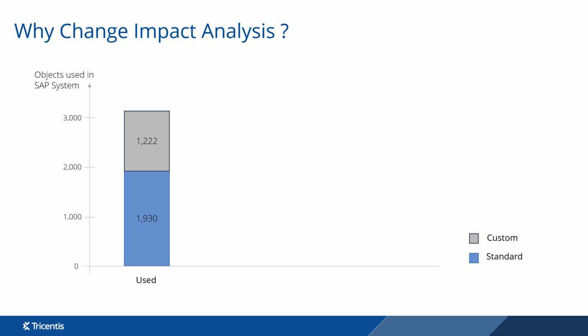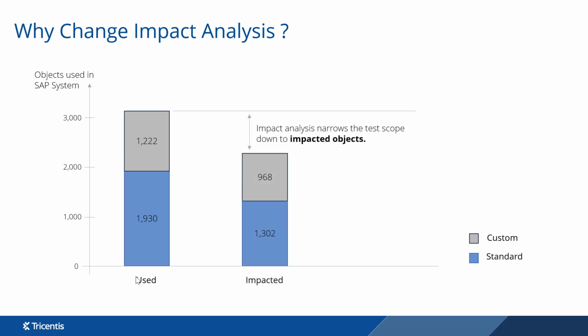We know we could try and test everything. We could test all of our used transactions and programs on our system, but that takes a lot of time. If you use an application like Change Impact Analysis by LiveCompare, we can help you identify where those impacts are when you're loading those transports onto your systems, helping you understand what exactly needs to be tested.